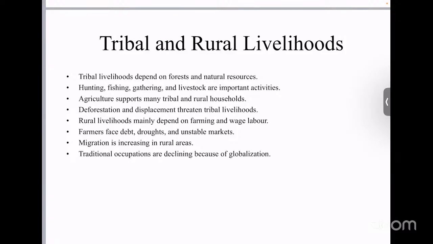For centuries, tribal communities depended on forests for survival. These tribal livelihoods are deeply connected with forests and natural resources. The forests provide food, fuel, wood, medicinal herbs, hunting resources, fishing opportunities, and non-timber forest products.